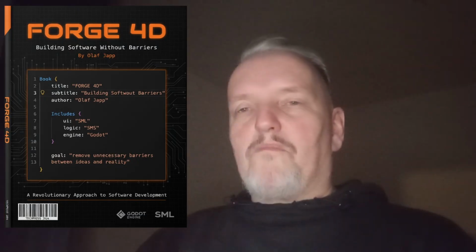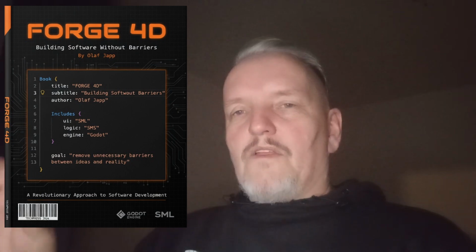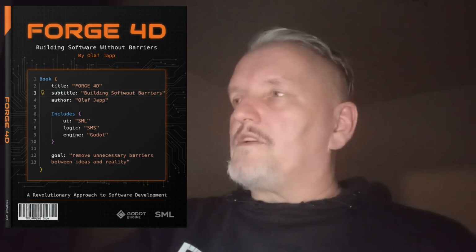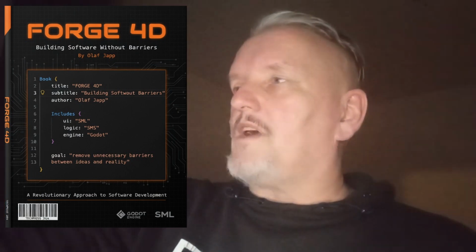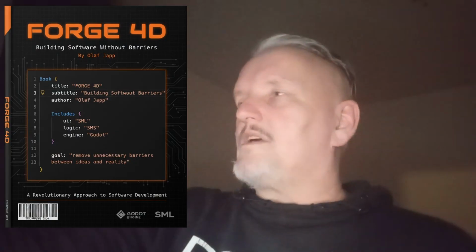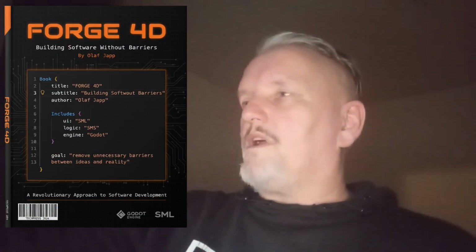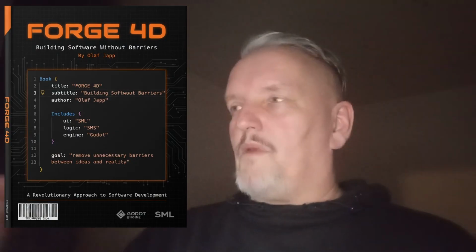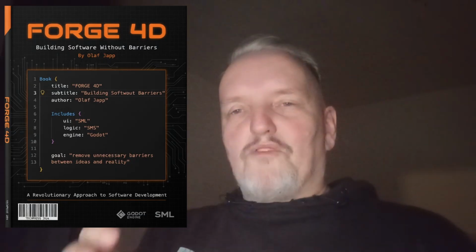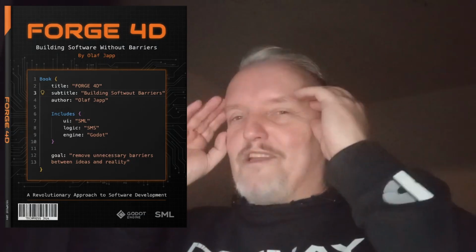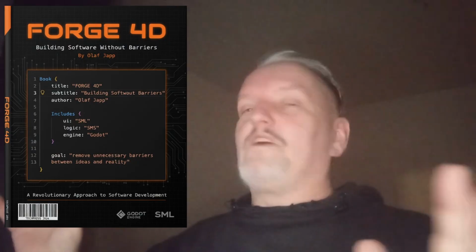It reads my picture and recognizes that there is text in it: the title Forge 4D, the subtitle Building Software Without Barriers, and also the author name, my name. It put this information on the book cover. So it's very crazy, very crazy.